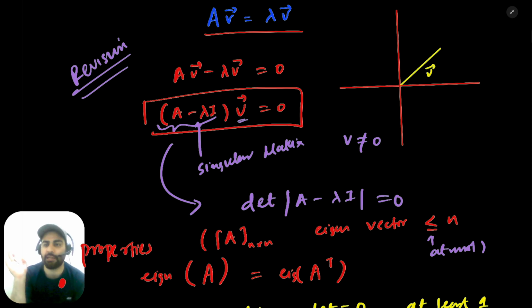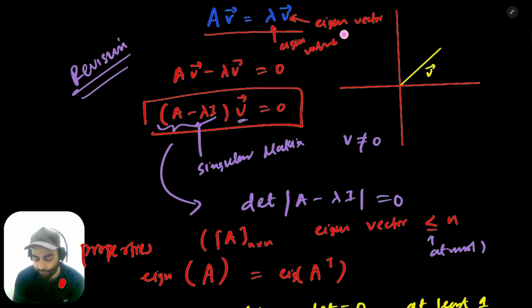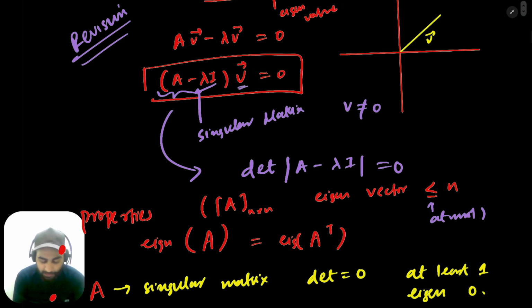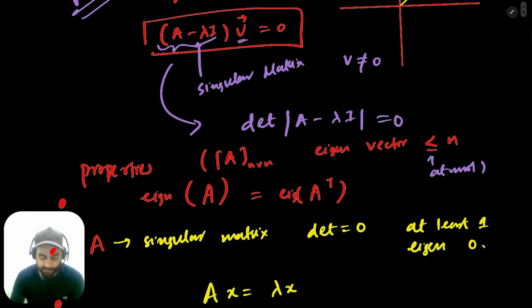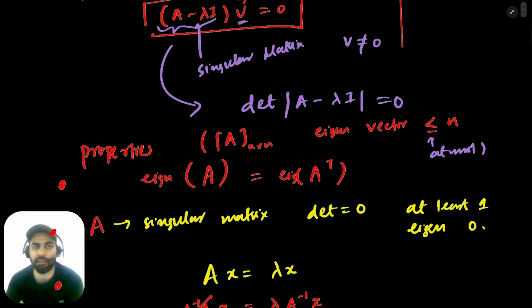They will lie in the direction they were initially, but will be either stretched, squished, or maybe stay at the same place. We call these vectors eigenvectors, and the scaling factor by which they were scaled or squished is the eigenvalue. To find them, we put the determinant of A minus lambda I equal to 0, and from that we get the lambdas, and corresponding to these eigenvalues we get the eigenvectors.